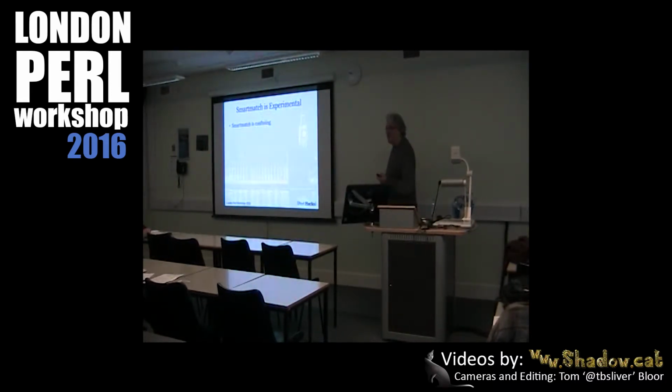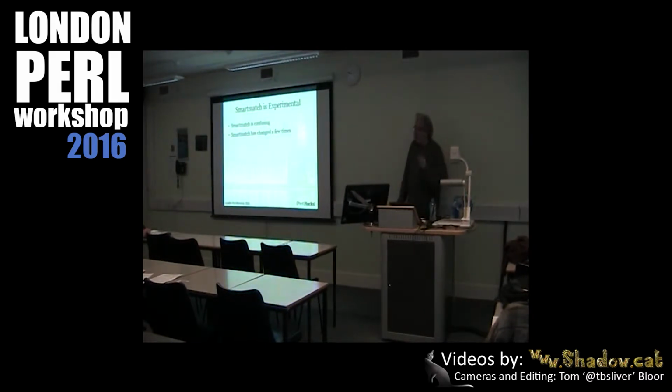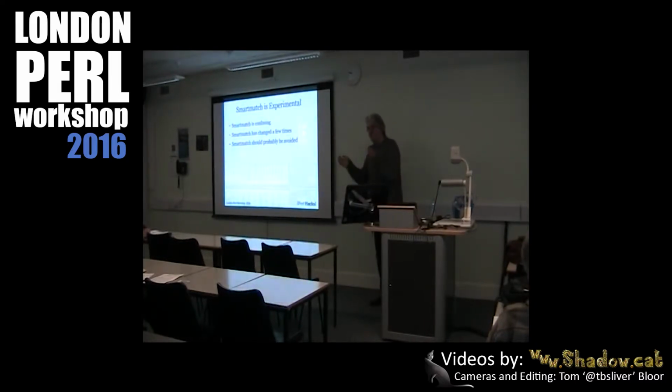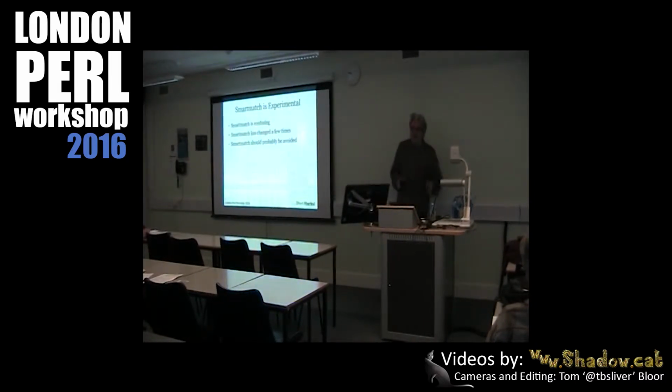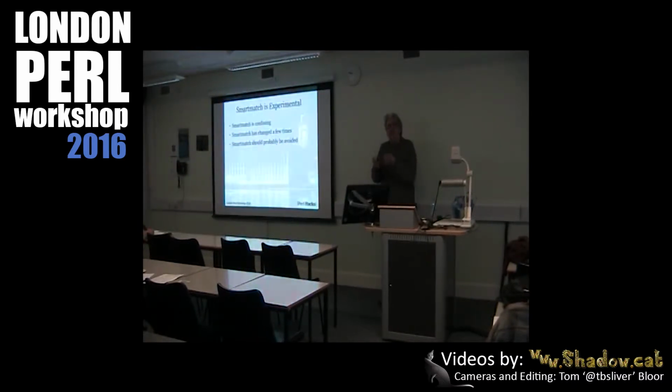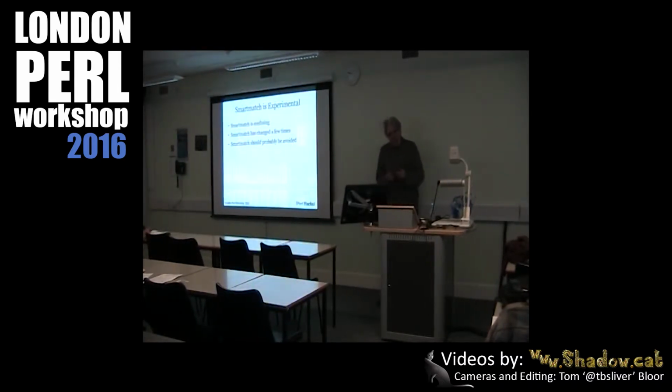Smart match. Smart match is confusing. Smart match has changed a few times. Smart match should probably be avoided. Smart match was introduced in Perl 5.10 and everyone said, hey, look at this wonderful new tool. And then it got out there in the wild and people started using it and people thinking, that's not actually as useful as we thought it was going to be, and it's slightly more magical than people were comfortable with.